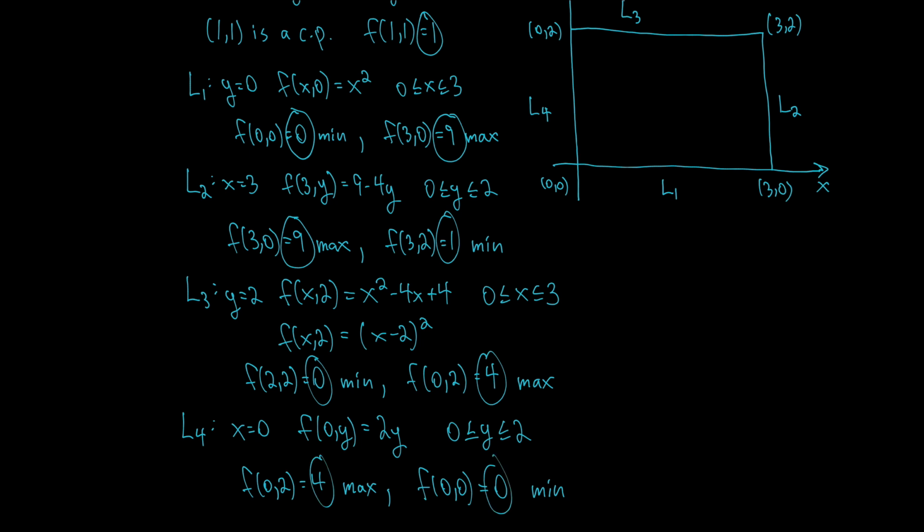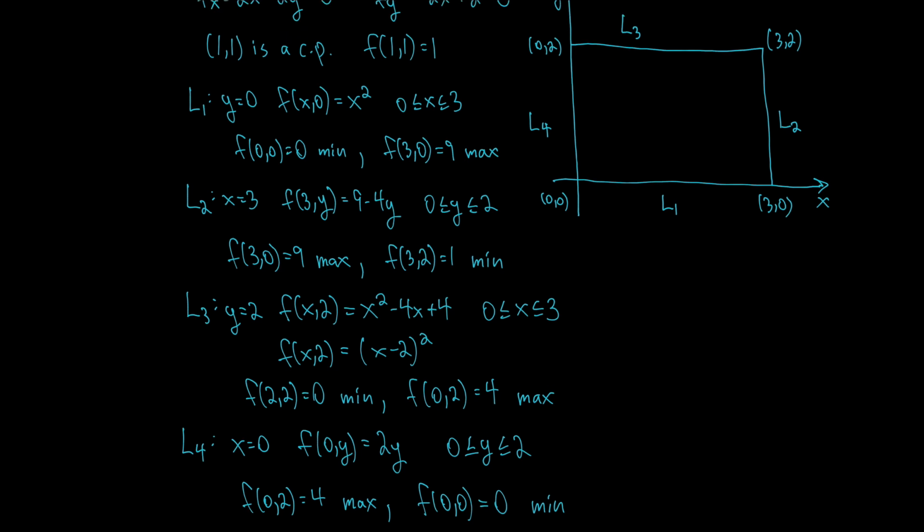So it looks like the biggest value it could possibly be was 9, and it looks like the smallest value it could possibly be was 0. So notice that one of those happened not in any of the corners even, it happened inside of the line L3, because we ended up with f(2, 2) being 0. So that's somewhere over here.